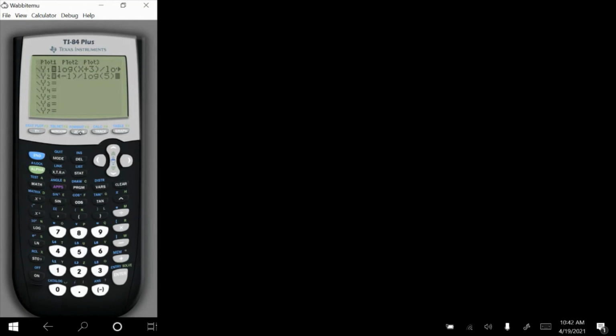Let's do zoom 6. Here comes y1, and there's y2. I'm going to give you a moment to use the intersect feature to find this point of intersection that's in quadrant 1. But before that, according to our graphs, how many answers does our equation have?